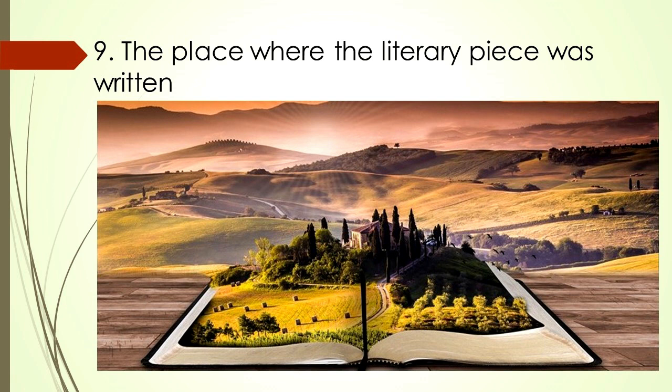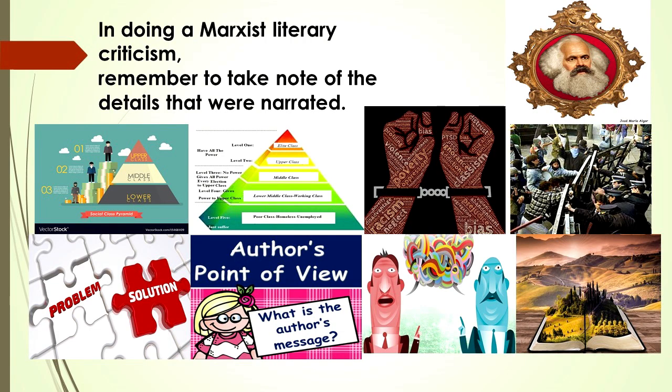And last, the place where the literary piece was written. Now, the place refers to the time, period, culture, traditions, practices, economy, politics that might have influenced one literary piece. So class, in doing a Marxist literary criticism, I want you to remember to take note of the details that were narrated.